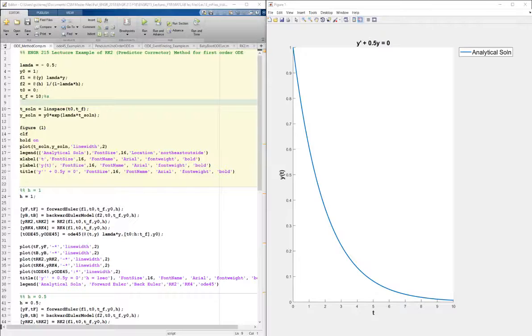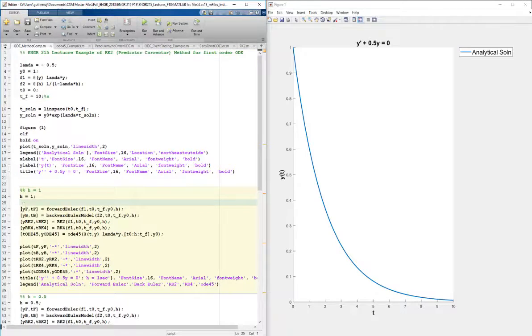So what I'd like to do now is compare all of the numerical methods that we've talked about so far. So that's our forward Euler, our backward Euler, our Runge-Kutta 2, and our Runge-Kutta 4, and let's compare these all at a step size of h is equal to 1 second, and let's compare that to the analytical solution.